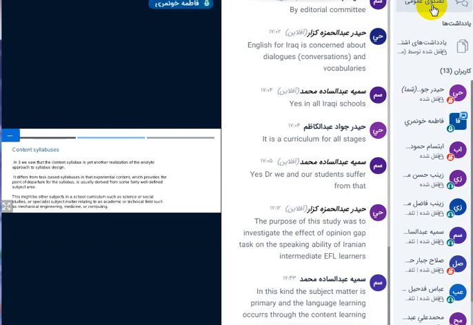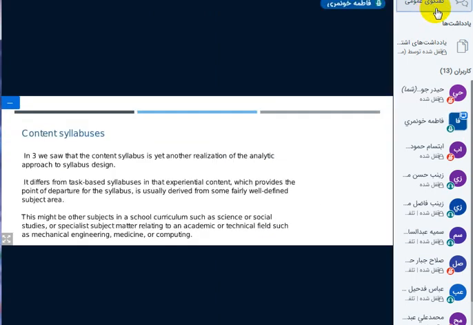So now, yes, the subject matter is primary and the language learning occurs through the content learning. Exactly. As I said, language is only a means. Language is only a tool, an instrument that is used to teach this subject matter or this experiential content to the learners. So by learning the content, the students also subconsciously learn something about the language features as well.